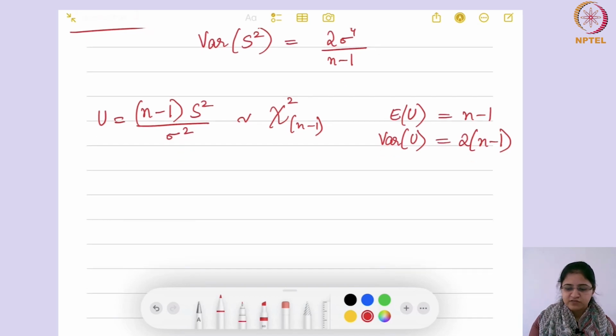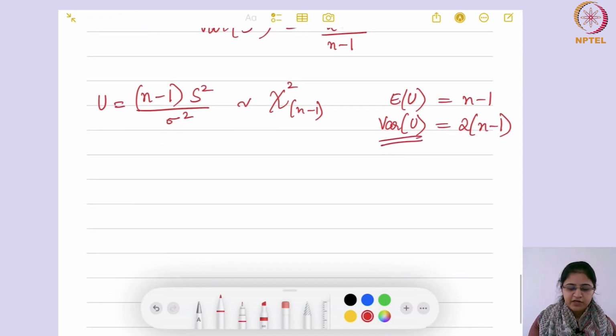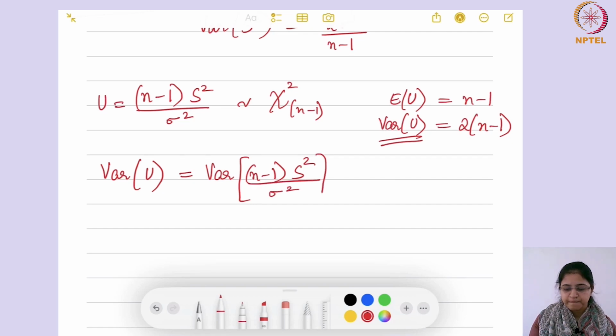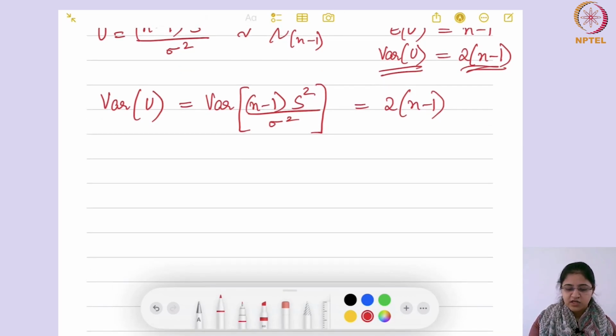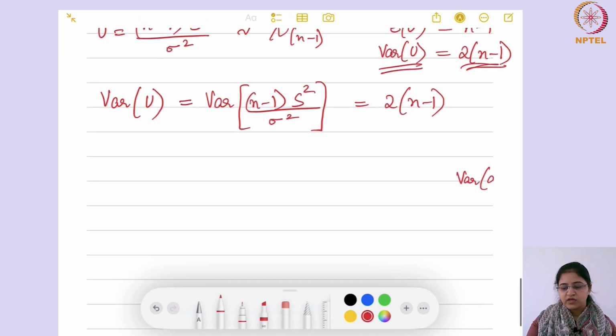Now let us find out variance of u. Let us substitute the value over here: variance of n minus 1 times S square over sigma square. This has to come out as twice of n minus 1 by this logic. Now let us try to simplify the left hand side. N minus 1 and sigma square are constants, and we know that variance of ax, if x is a random variable, would be a square times variance of x.